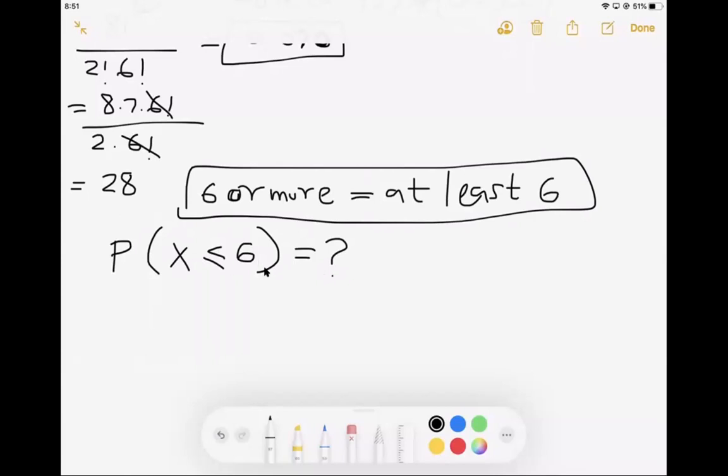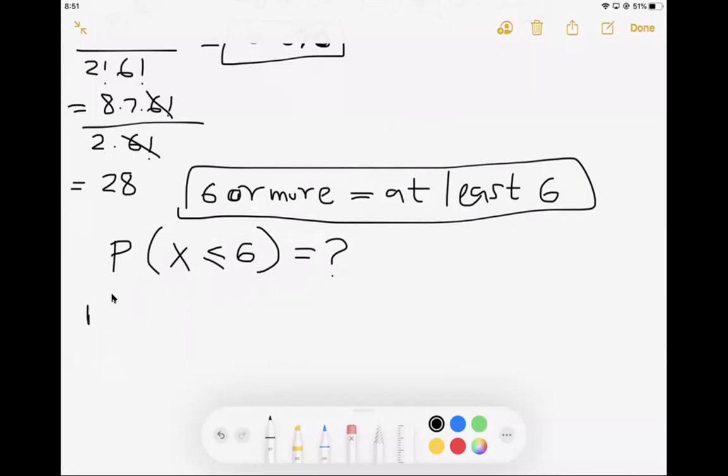Now we have an inequality, but I told you, if we have an inequality, what do we have to do? First you have to recognize what the corresponding X values are. Here, do you know how many individuals we have? N is, sorry, how many individuals do we have? 8.